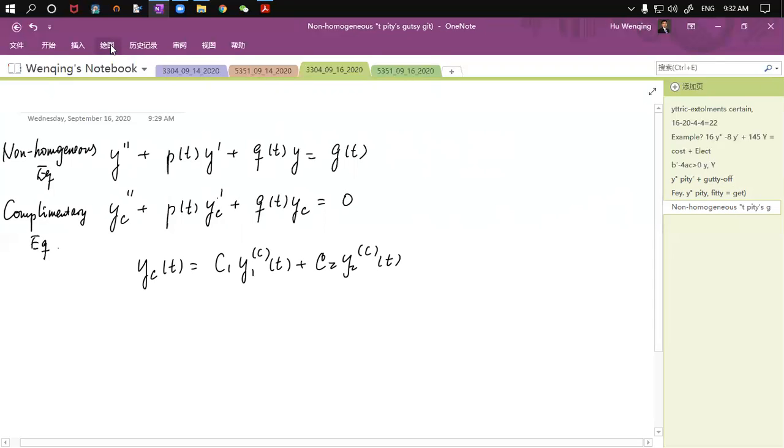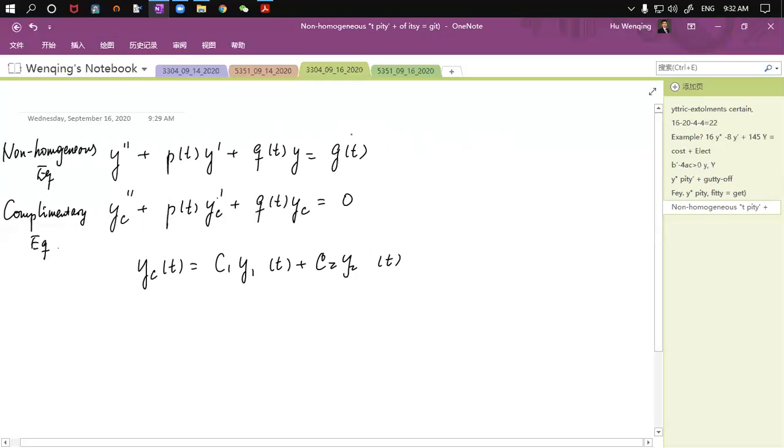Sometimes we will suppress the subscript c just to call them y1, y2. But you must realize that these y1, y2 are not solutions of the non-homogeneous equation, but solutions of the homogeneous one, meaning that you remove the non-homogeneous term.